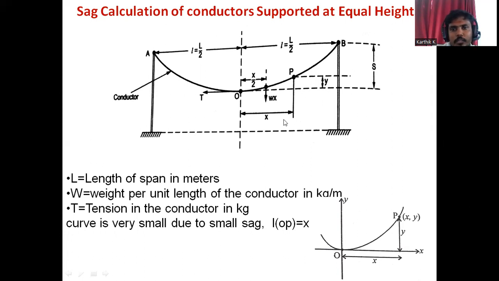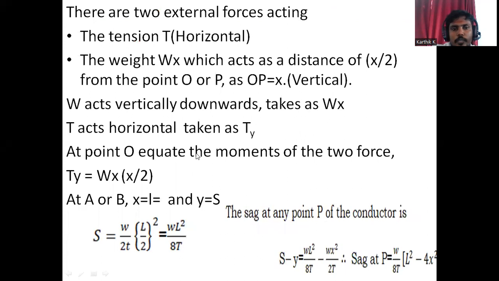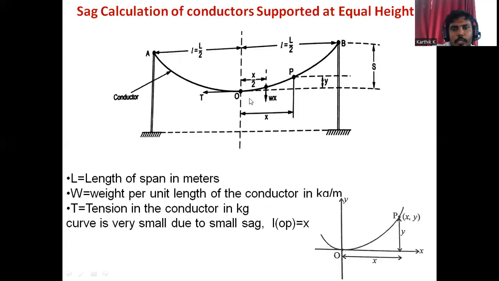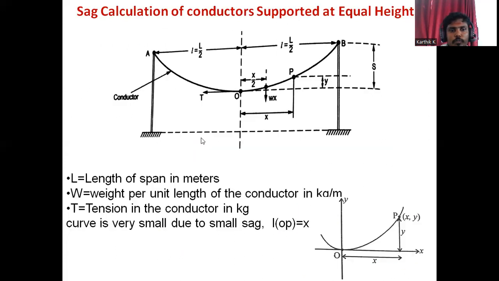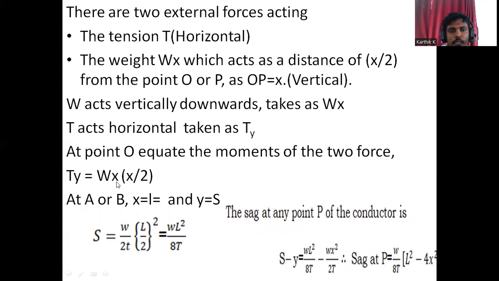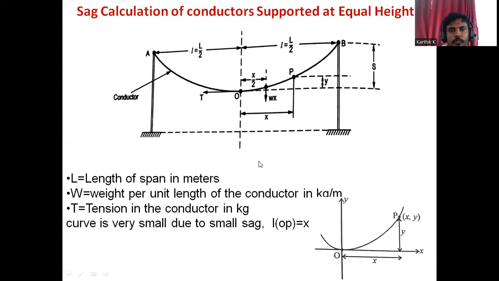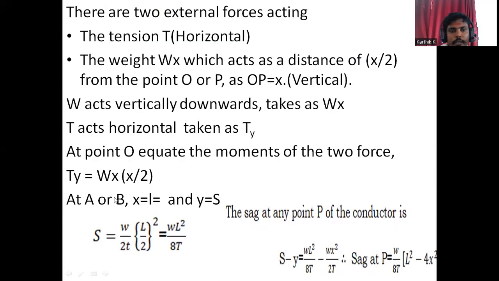At point O, two forces act, either horizontally or vertically. With respect to vertical, we have Ty equal to W into X by 2. At point A and point B, we know that X equal to L and Y equal to S.